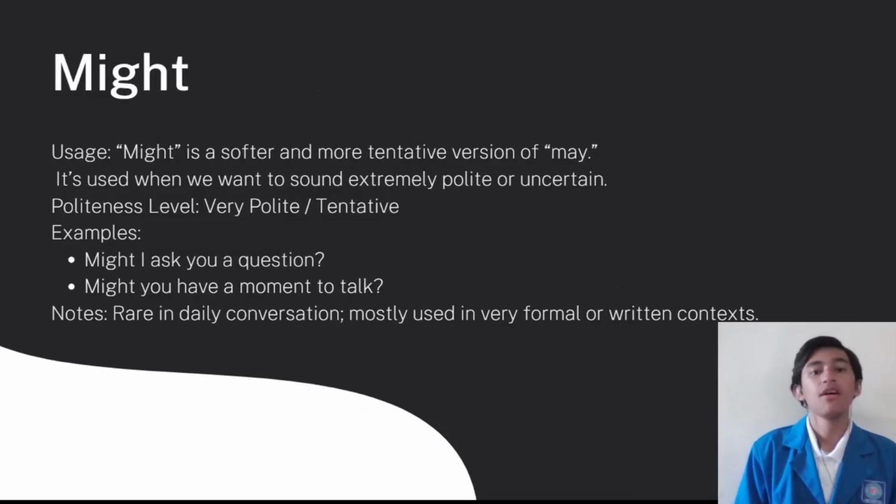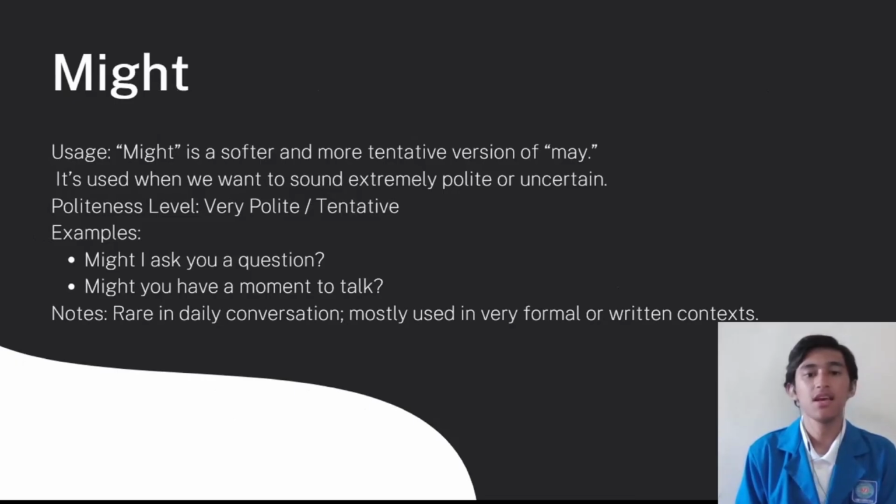Examples: might I ask you a question? And might you have a moment to talk? It's not very common in everyday speech, but sounds very formal. And now, let's move on to shall.